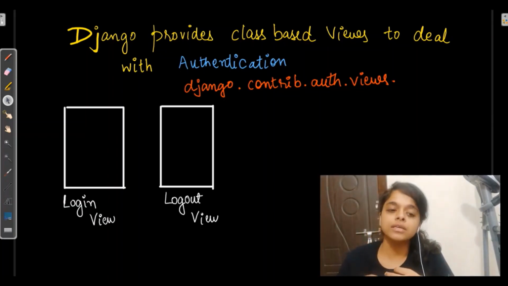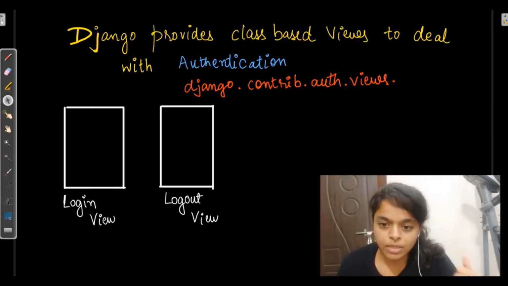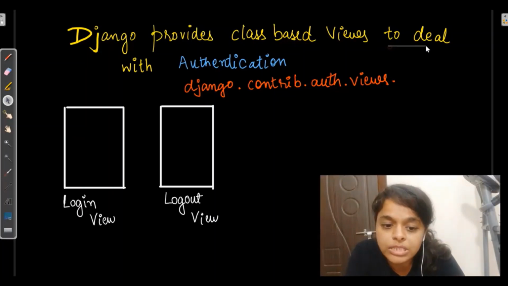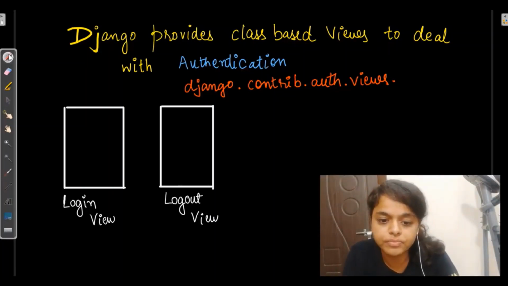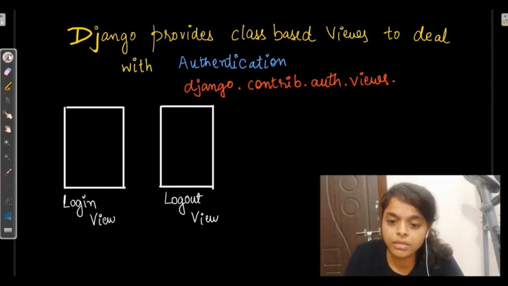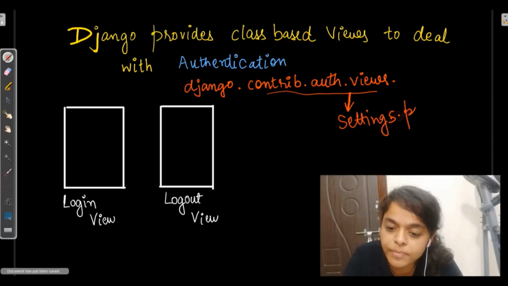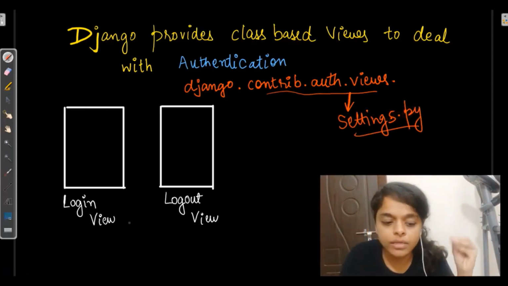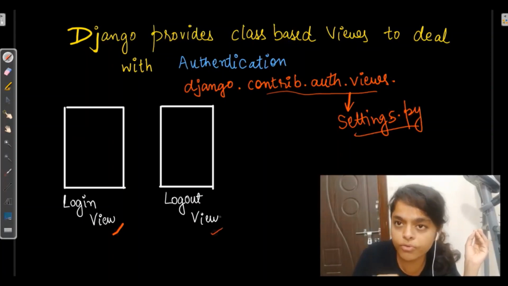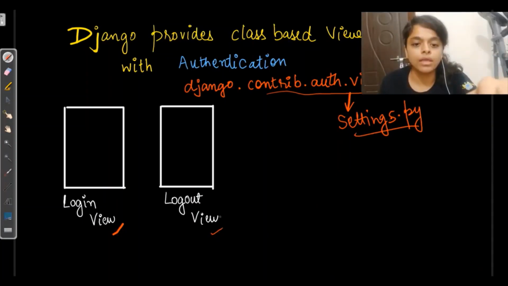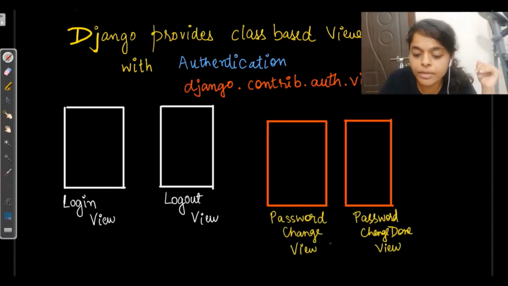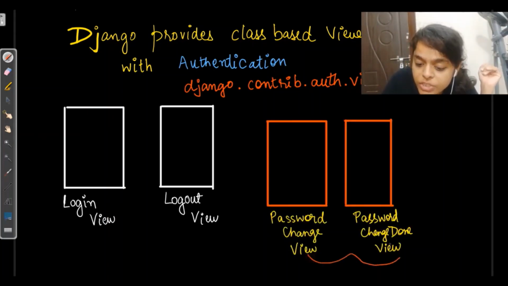Now we will see the class-based views provided to deal with authentication. Here Django provides contrib.auth.views, and this we have already defined in settings.py. Basically we'll be making a login view and a logout view separately, and thereafter we will create the password change views.